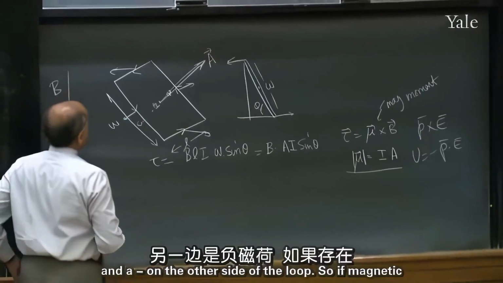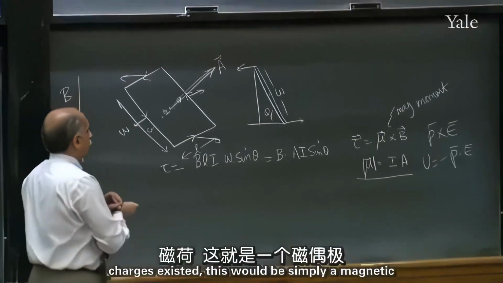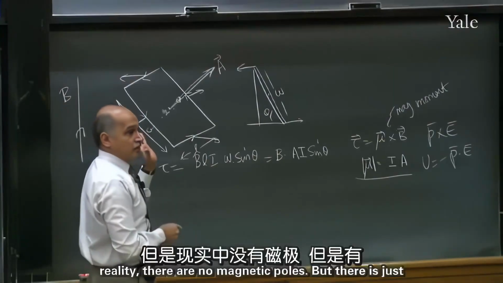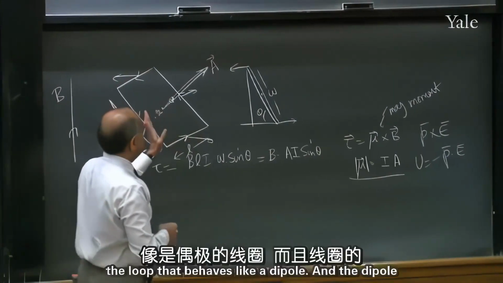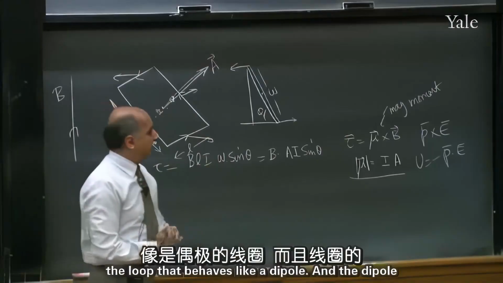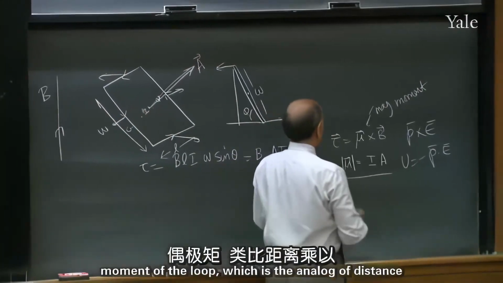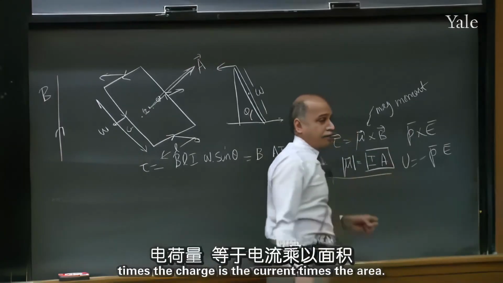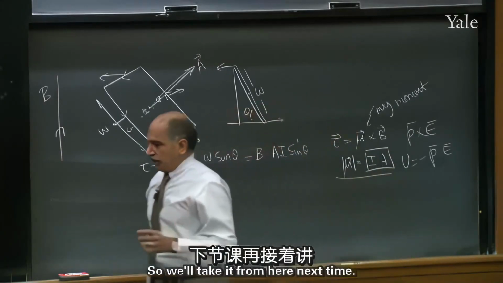So if magnetic charges existed, this would simply be a magnetic dipole aligning itself with a magnetic field, but in reality there are no magnetic poles. There is just a loop that behaves like a dipole. And the dipole moment of the loop, which is the analog of distance times the charge, is the current times the area. So we'll take it from here next time.